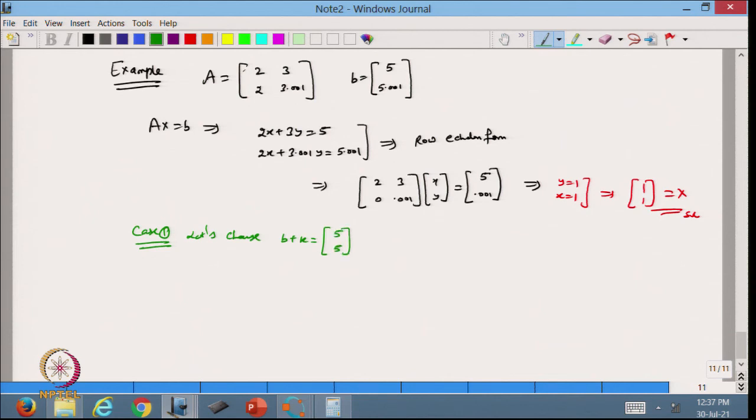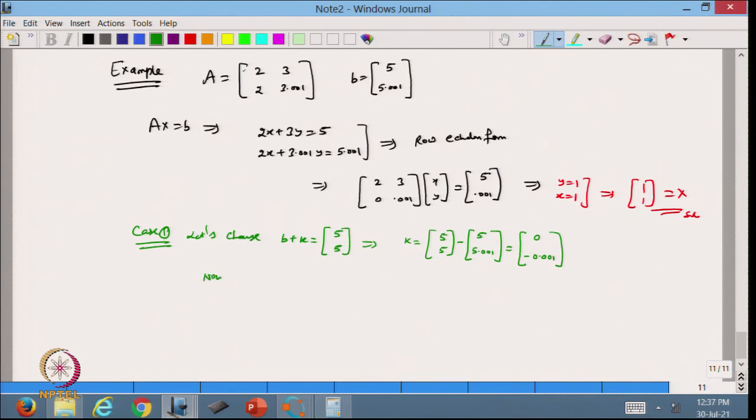Let us do this one. So, from here I take my K as 5, 5 minus B, and B is 5 and 5.001. So, if you see it, that becomes 0 and minus 0.001. So, this is we have defined. So, K is this one. So, that is the small change we have made on the right hand side B.